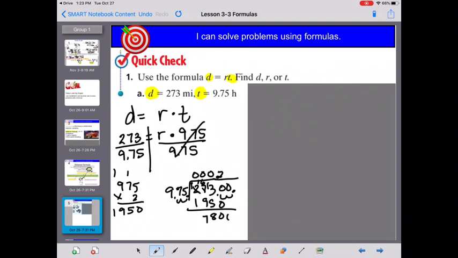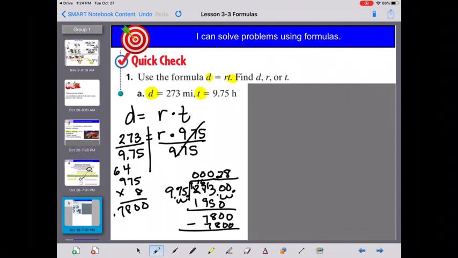And then 780, I'm going to bring down the 0. Let's say 8 times. We're just going to guess here. 975 times 8. 56 plus 4 is 60. 72, that's 78. Comes out evenly.